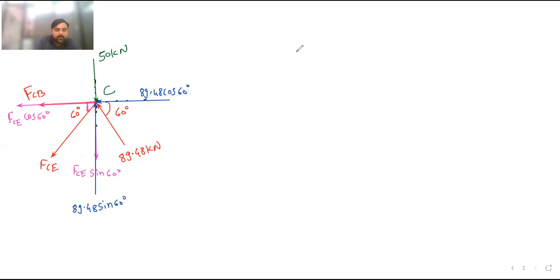Now if I apply summation Fy equal to 0 first, upward forces plus, downward minus, it is known to you. So this is minus 50 kilonewton, then minus FCE sine 60, because look at the direction of FCE, it is moving down.